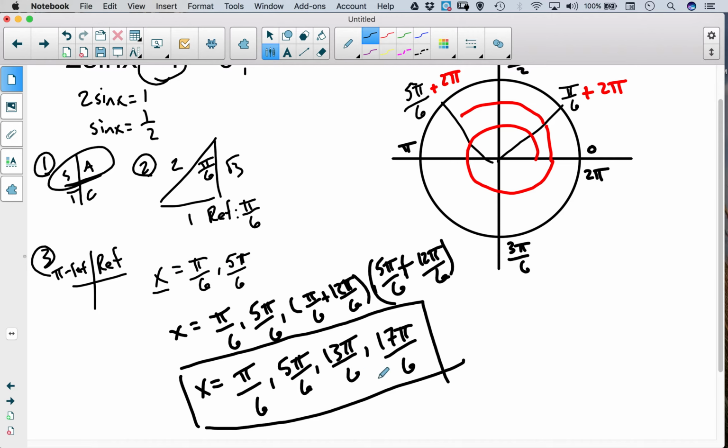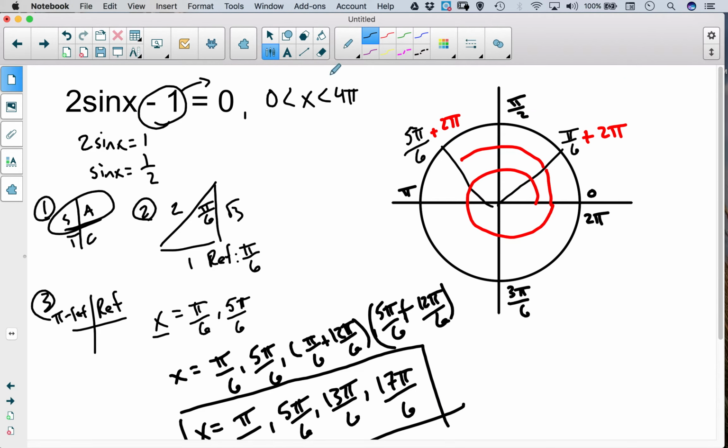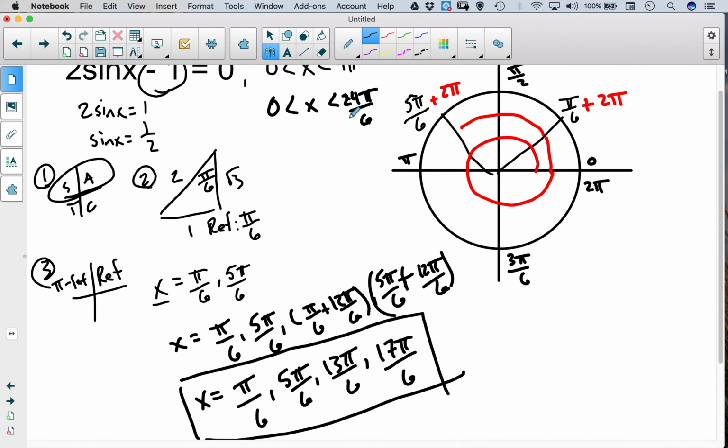How do you know where to stop? Well, the best way that I can explain to do that, and this is what I often do when I'm doing these myself, is I change the domain in relation to my reference angle. So for pi over 6, I'll translate this 4 pi into multiples of pi over 6, which will be 24 pi over 6. And I'll know when to stop when I break that 24 pi over 6.